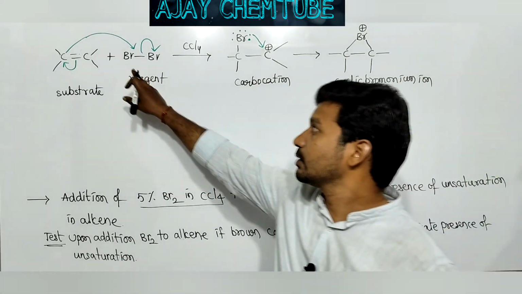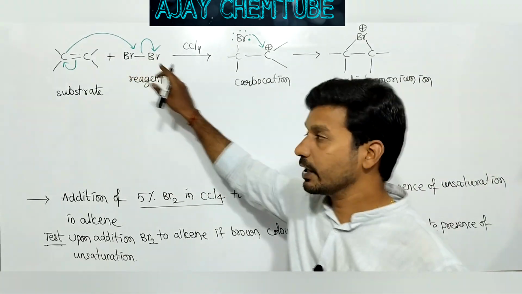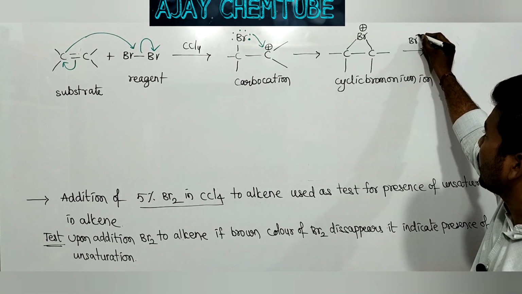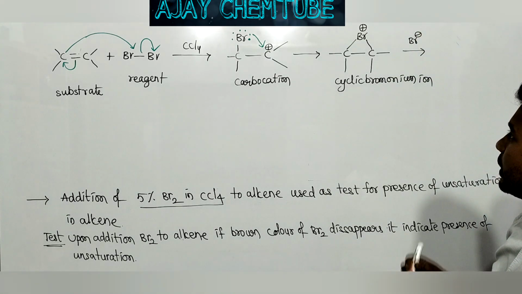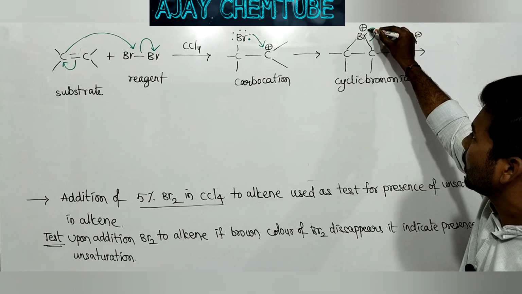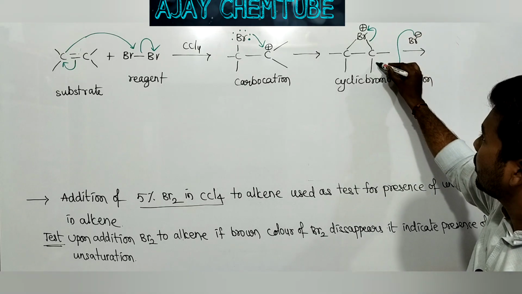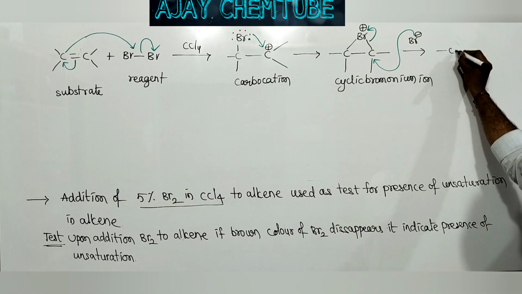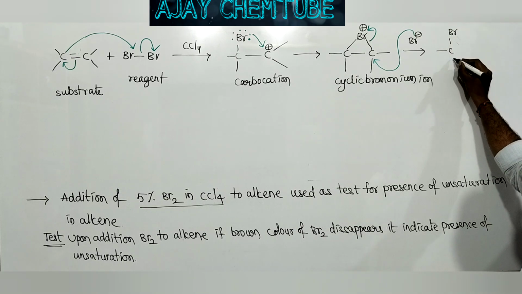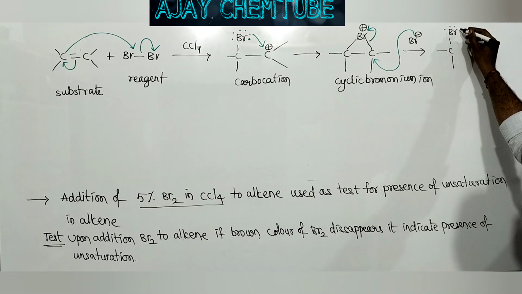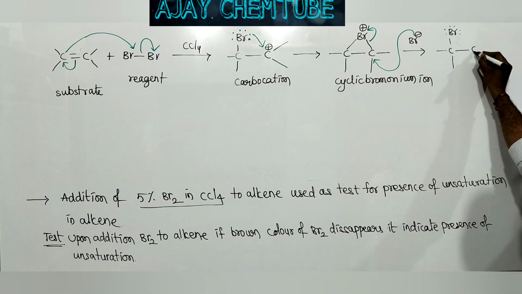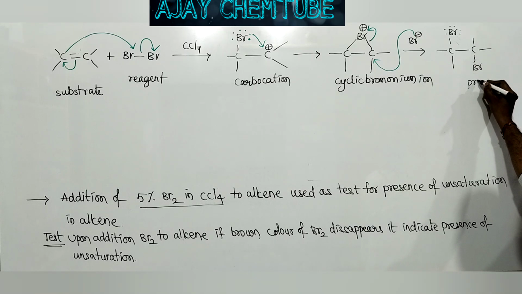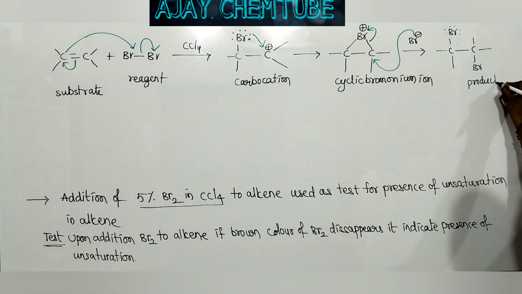Another bromine: this bromine becomes positive, this bromine becomes negative. Addition of that bromine takes place, addition of Br minus from the opposite side. If it is added from the downside, then bromine comes to the first carbon and that becomes neutral. Bromine addition takes place. This is the product, the addition product.